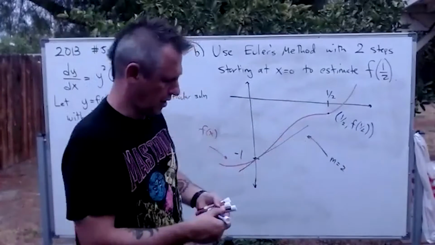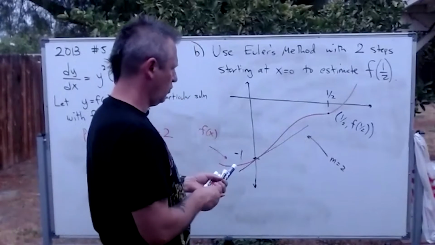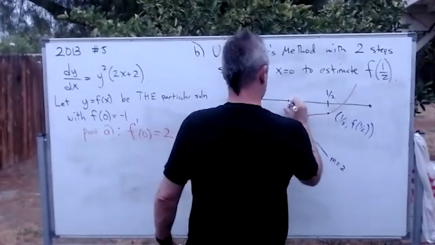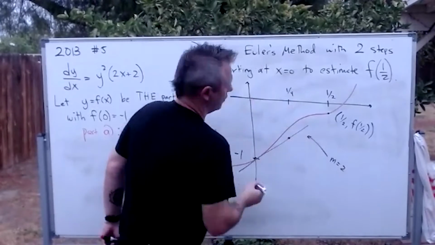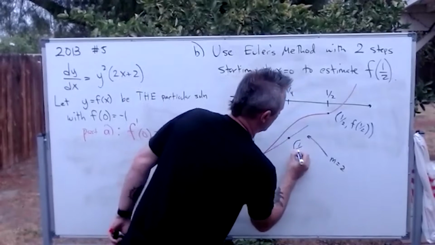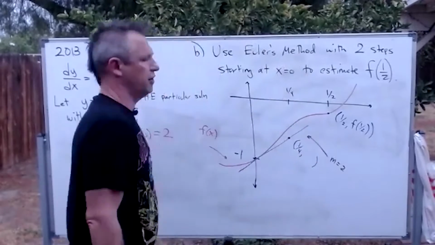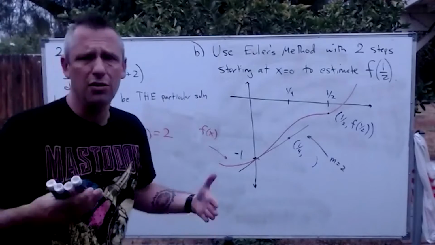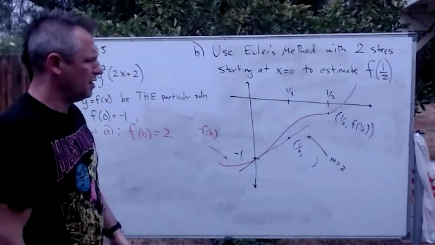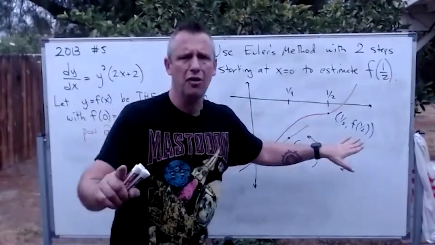We can use that slope to move along this tangent line instead of moving along the function, and try to figure out, here we are at 1/4, what this point right here is. This point's x coordinate is 1/4. We need to figure out what the y coordinate is. And then what we're actually going to do, and this is very interesting, is we're not going to be talking about f anymore.